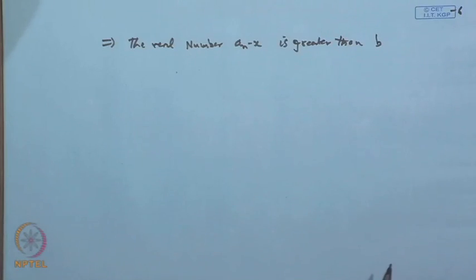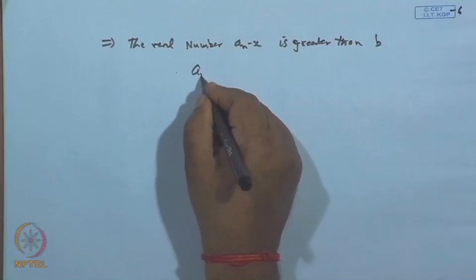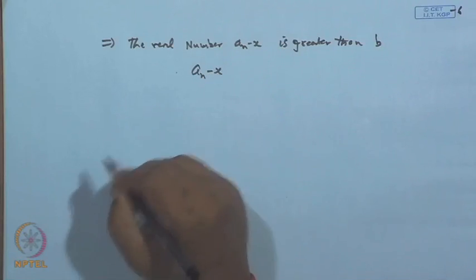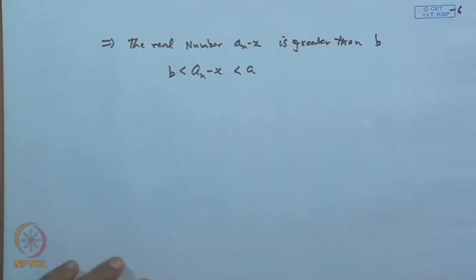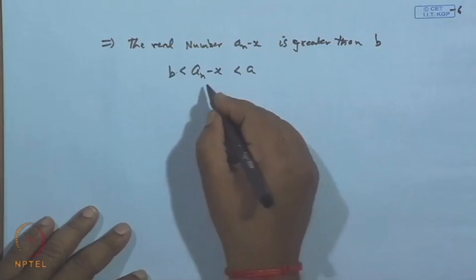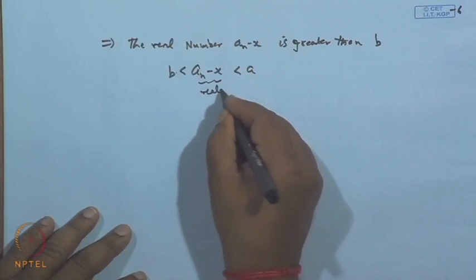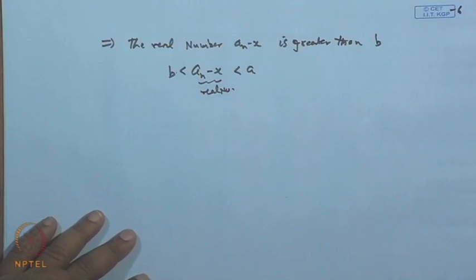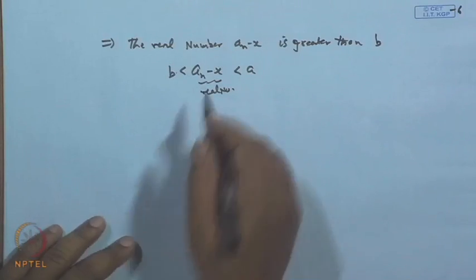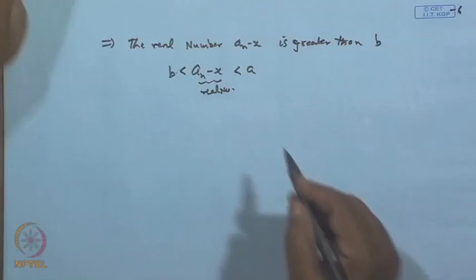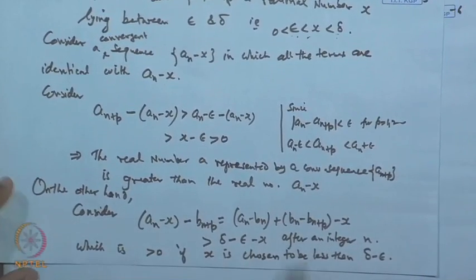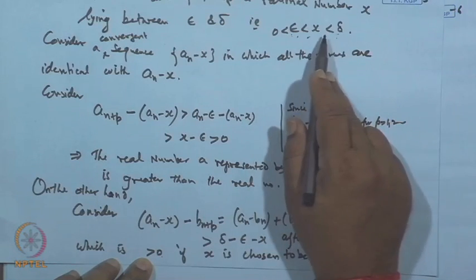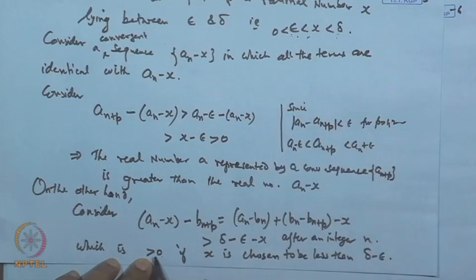So, now what we conclude is that a_n minus x is a real number which is greater than b, but less than a, is it not? This is a real number lying between b and a, but x is our choice, because one can choose infinite x which satisfy this condition. Between epsilon and delta, we can take an infinite number of x which can satisfy this condition.